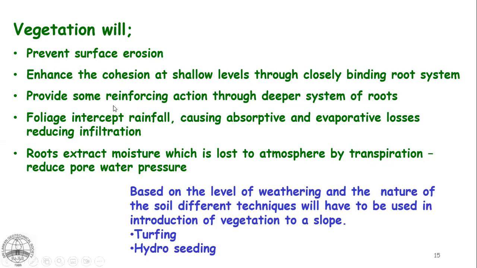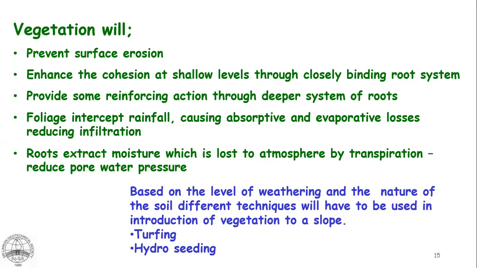So there are different ways that vegetation helps to enhance the stability of a slope. Based on the level of weathering and the nature of the soil exposed, different techniques can be adopted to introduce the vegetation.